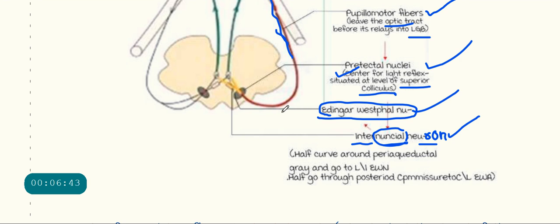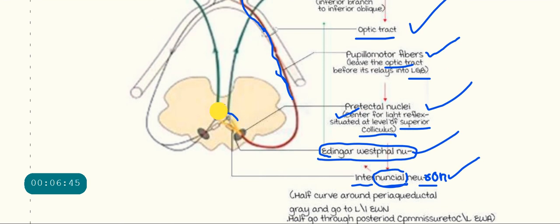You can see here the yellow marking. This yellowish thing is nothing but the internuncial neuron, and these internuncial neurons go to both sides, you can see here also and here also. So it is traveling on this side and on this side.